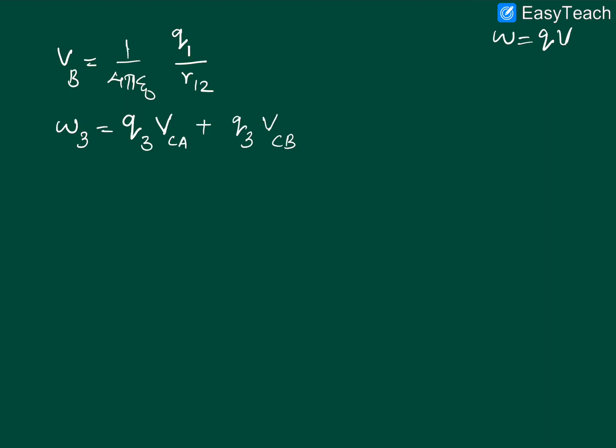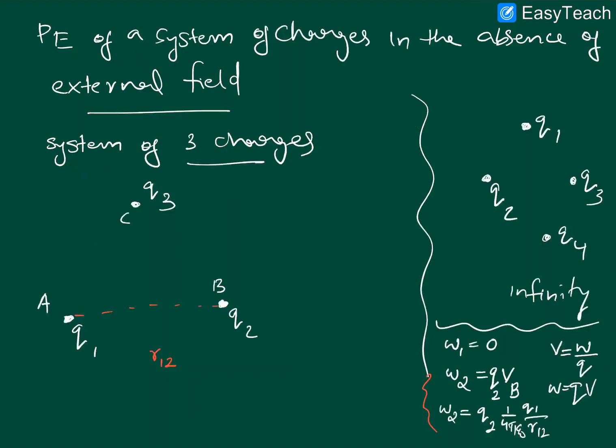Now what is VCA? VCA, as you can see, it is again potential at C due to Q1. Q1 is a point charge. So due to a point charge, let us consider this distance. Let us consider it as R13, because between 1 and 3. And this distance, let us consider that it is R23, between 2 and 3. Now what is VCA?